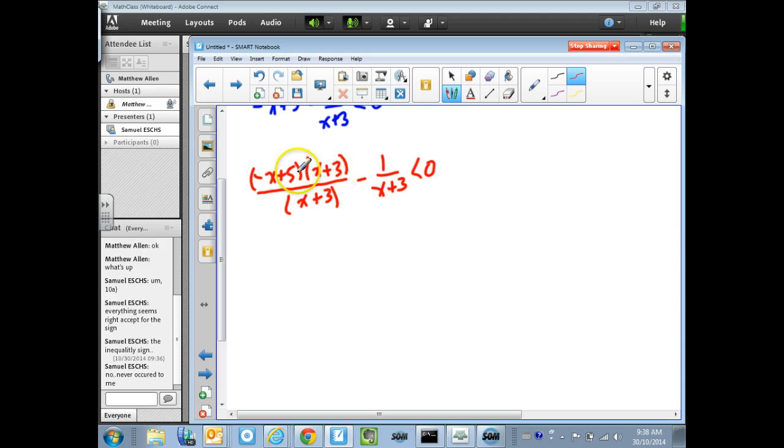And now I'll expand the top here, and then I'll have a single fraction. So this is negative x squared, minus 3x plus 5x, so plus 2x, plus the 15, and then minus the 1, all over x plus 3.